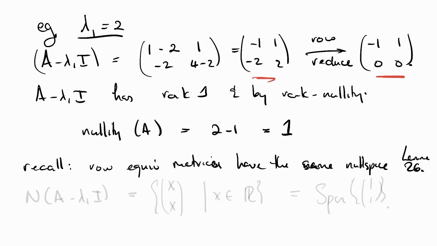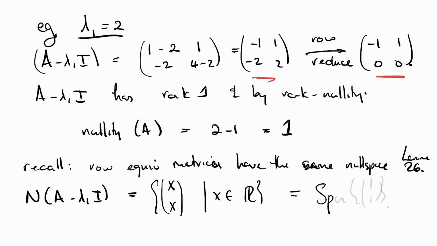Sometimes it's easier to do. So the null space of A minus lambda_1 I is going to be, just by looking at this, (x, x), where x is in R, otherwise known as the span of (1, 1).